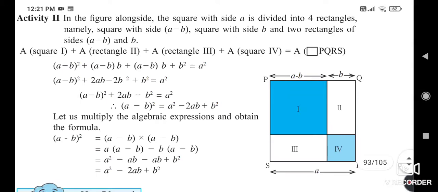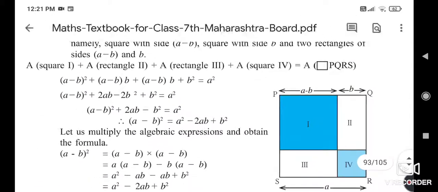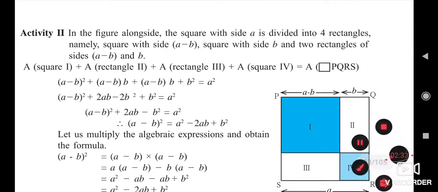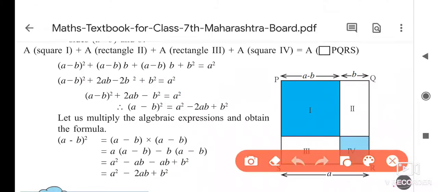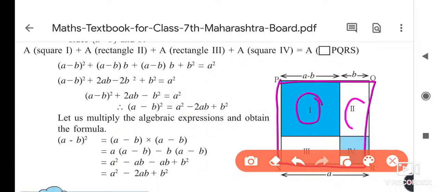So we have to find out the area of the quadrilateral PQRS. Area of quadrilateral PQRS is equal to area of square 1, area of rectangle 2, area of rectangle 3, and area of square 4.